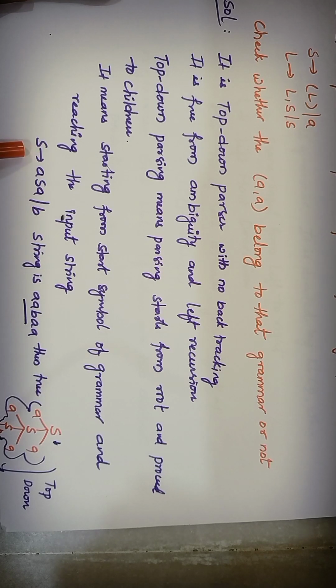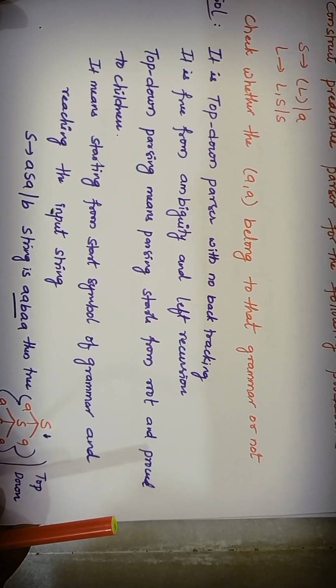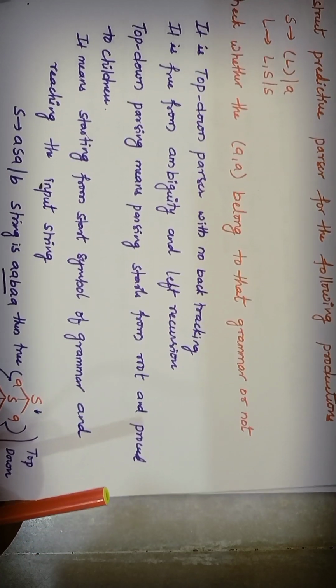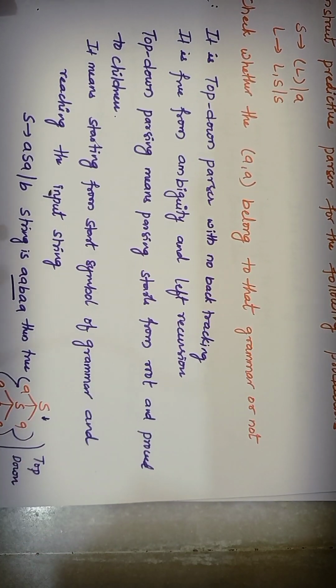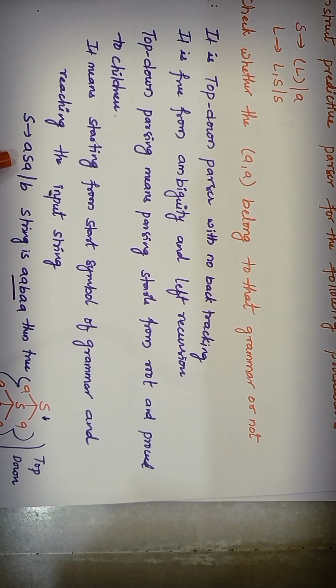So here we have given an example grammar as S tends to ASA or B. The string is AABAA. Then how do we derive it? For S we have two productions, but we have to derive AABAA. So we go for the first production, because the first occurrence of A is in the first production.